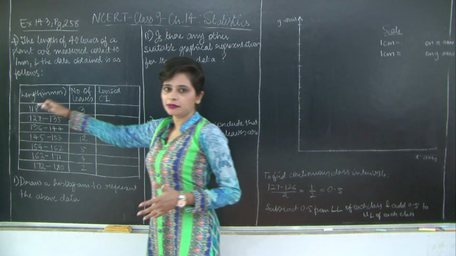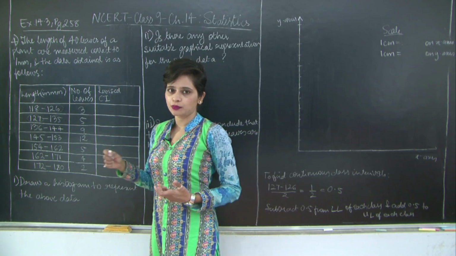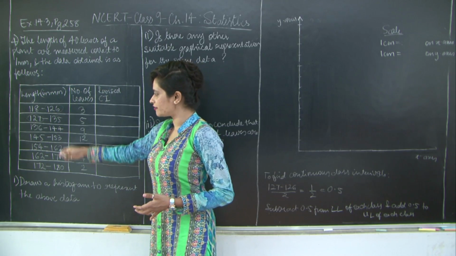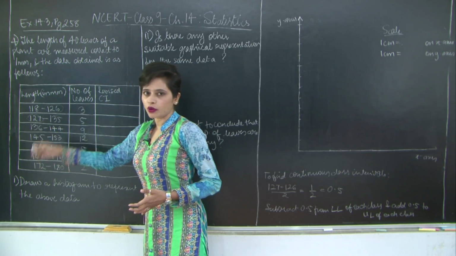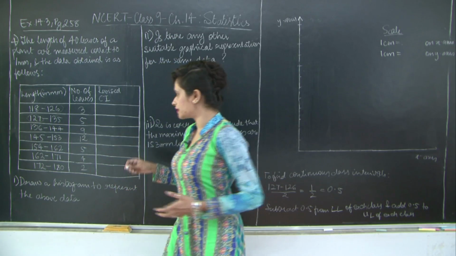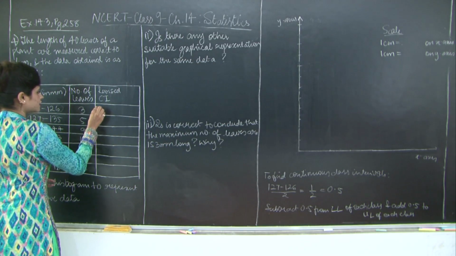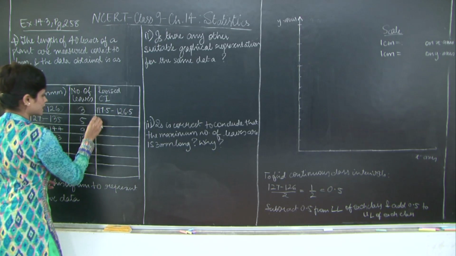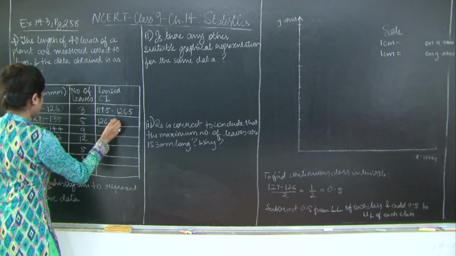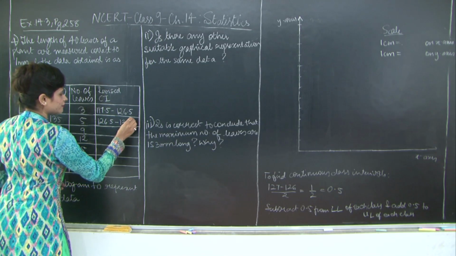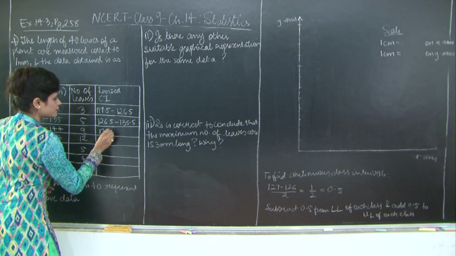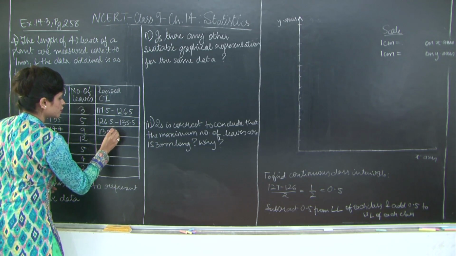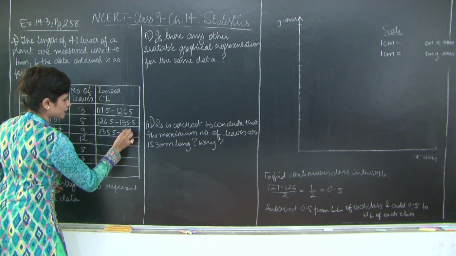Now 118 minus 0.5 is going to be 117.5 up to 126.5, because we are adding 0.5 to the upper limits and subtracting 0.5 from the lower limits. So let's write this down. 117.5 to 126.5. Then again 126.5 to 135.5. Then 135.5 to 144.5.